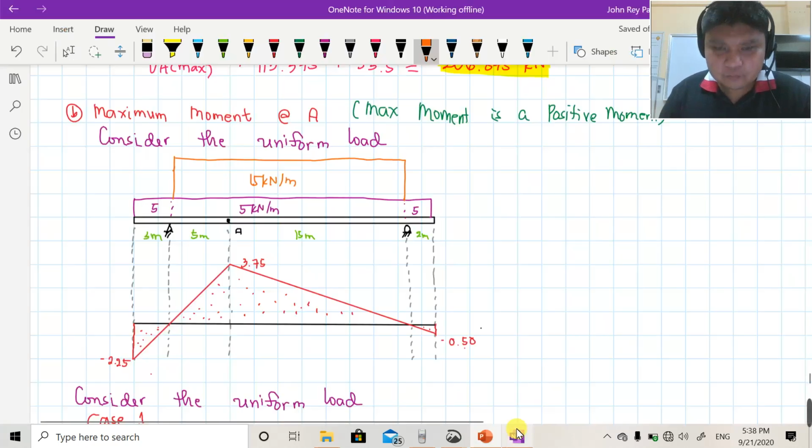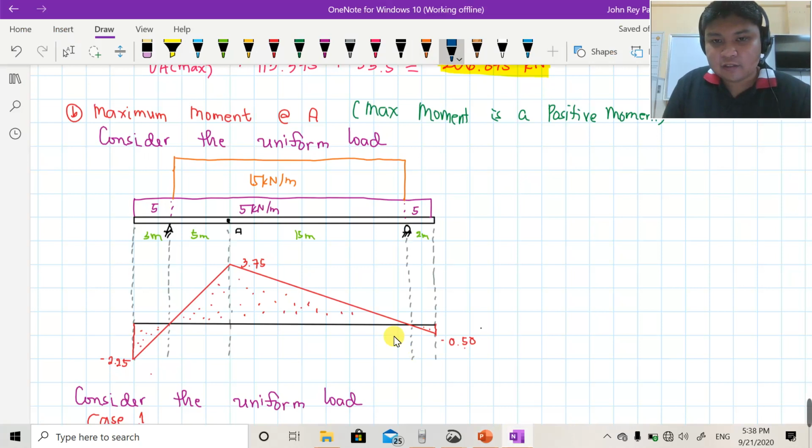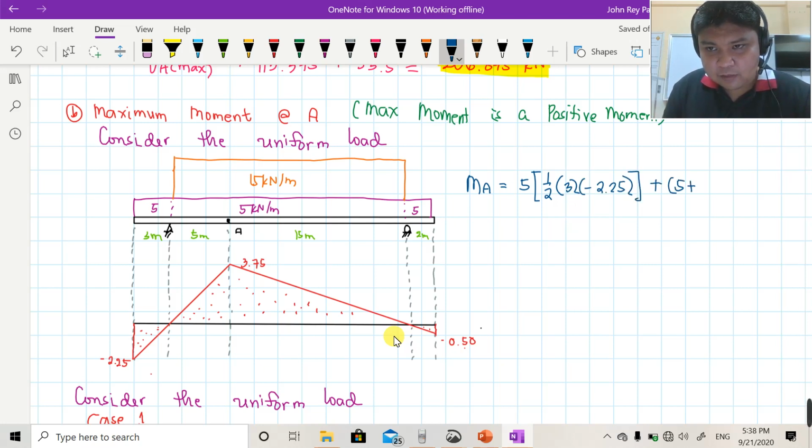Excuse me. So, sige, proceed tayo with the same analysis katulad lang kanina. So, therefore, the moment at A will be equal to, unahin ko muna yung 5 kasi may negative area siya, 1/2 ng negative, 1/2 ng 3, tapos negative 2.25. On the other hand, meron tayong 5 plus 15, then that will be equal to 1/2 ng 20, 3.75.